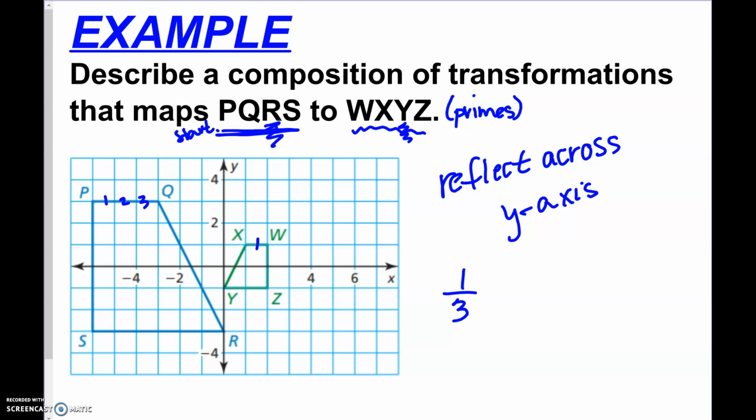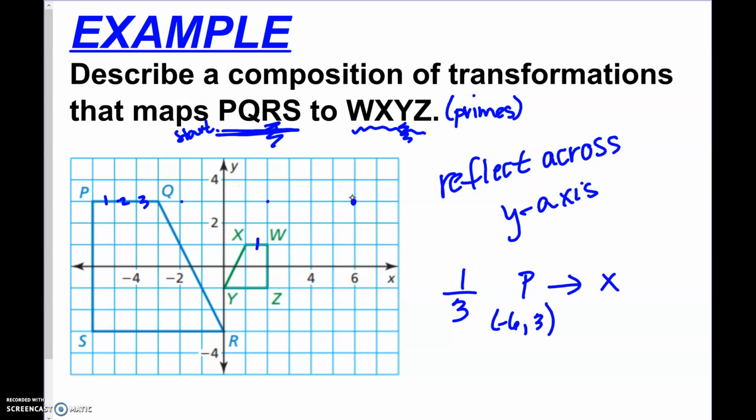On a question like this, we just wanted to describe the transformation. On your homework, they're going to be talking about where does P go to X. If we start off with P at 1, 2, 3, 4, 5, 6, that is -6, 3. And after going through the composition, where does it end up? We're going to reflect it across, so we'd go 1, 2, 3, 4, 5, 6.